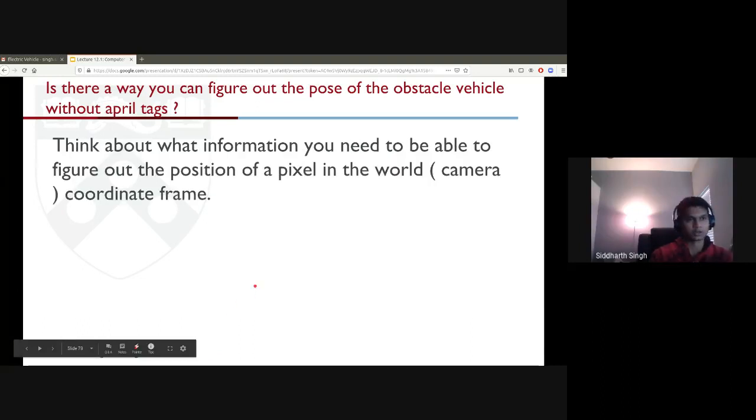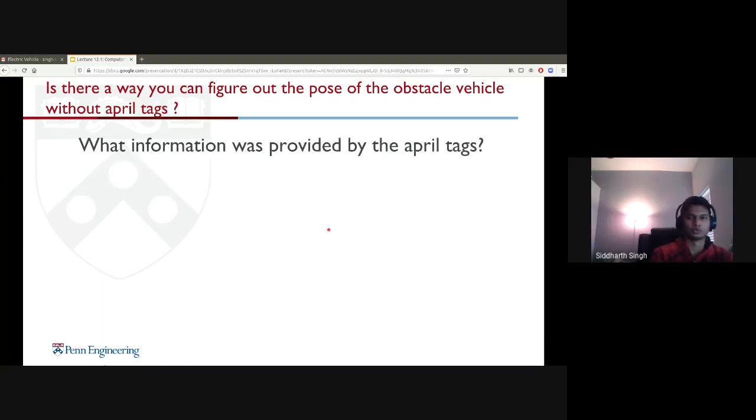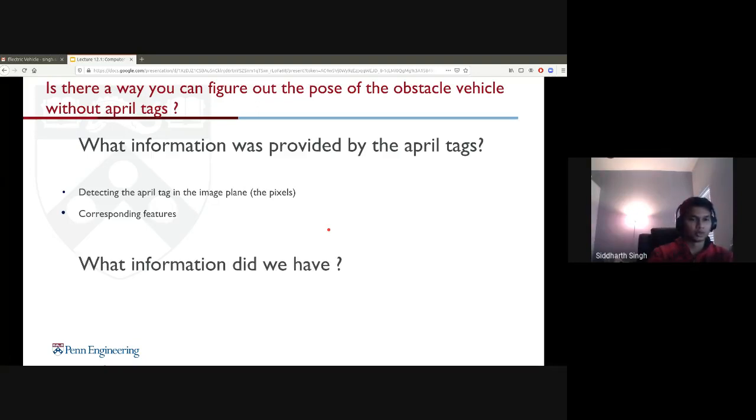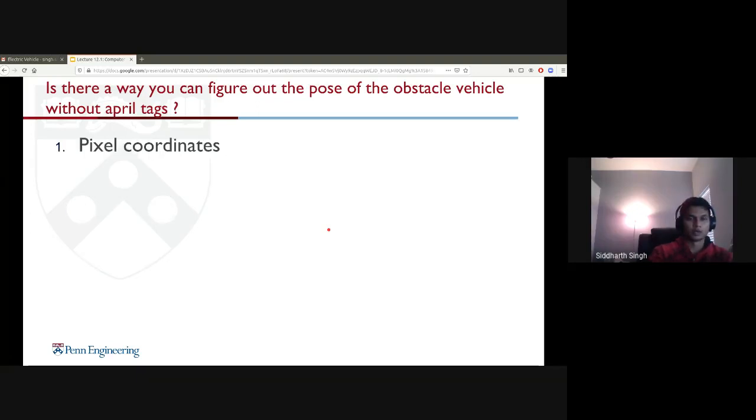Which pixels does it correspond to what I am seeing? Corresponding features. And what information do we have? We have the camera intrinsic parameters, as said by a lot of people, right?